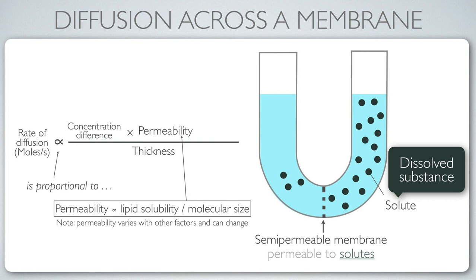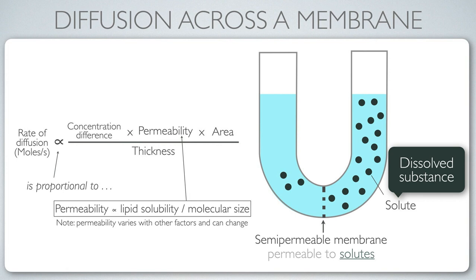What else? Well, of course, if you have a larger area to traverse across, then you're going to have more molecules go across that membrane. And so, of course, area matters as well. Okay, so this is a pretty intuitive concept that the rate of chemical diffusion depends on the concentration difference, the permeability, and area, and it's adversely affected by the thickness of the membrane.